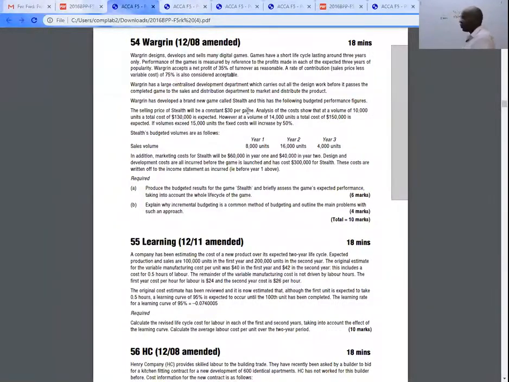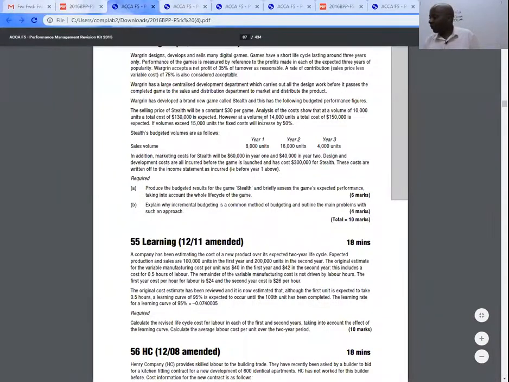And when volume goes up to 14,000 units, we have our total cost being 150,000. Great. So once I have these two points, what am I supposed to do very fast? I should be able to use them to get the gradient.